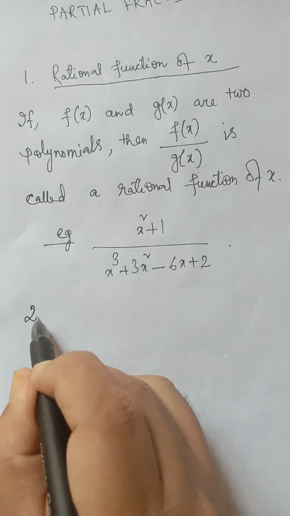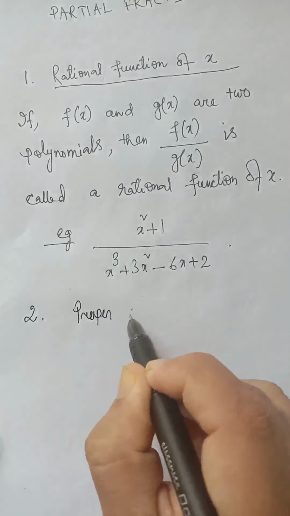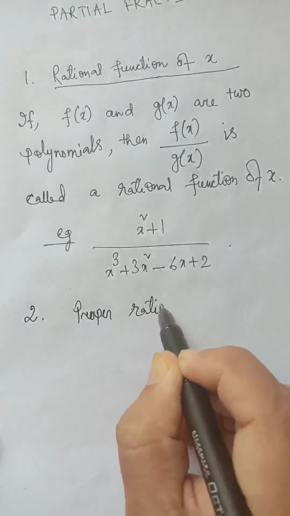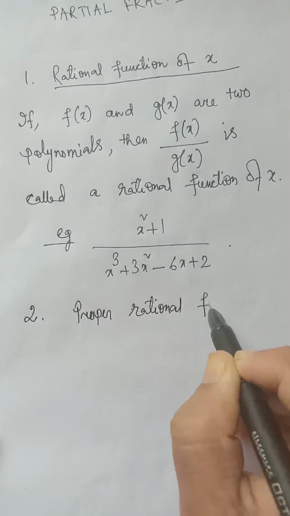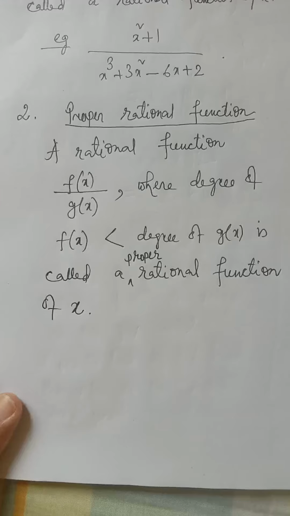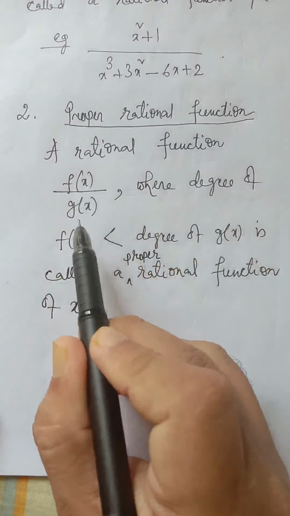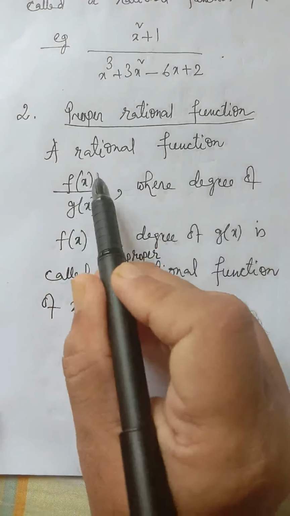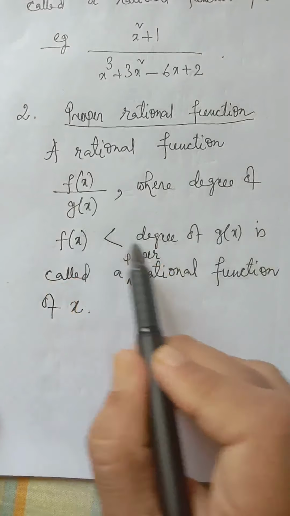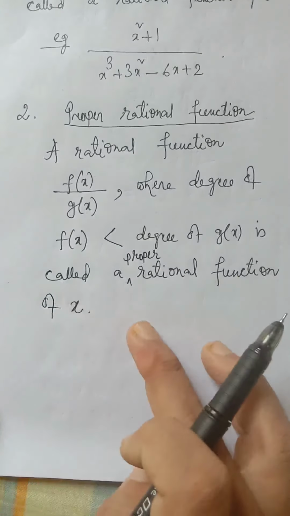Next, number 2, proper rational function. A rational function f(x) by g(x), where degree of f(x) is less than degree of g(x), is called a proper rational function of x.